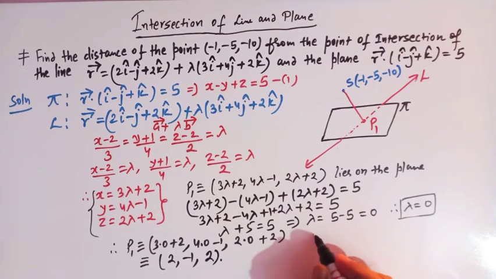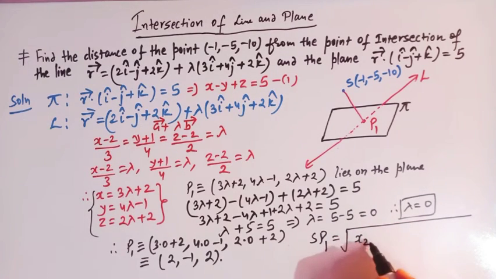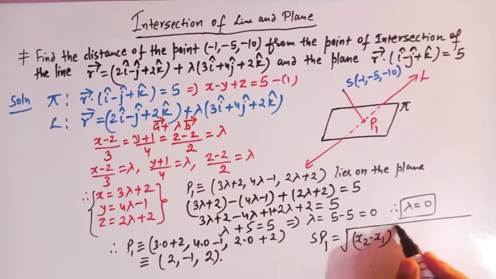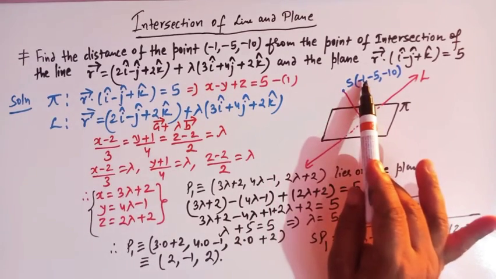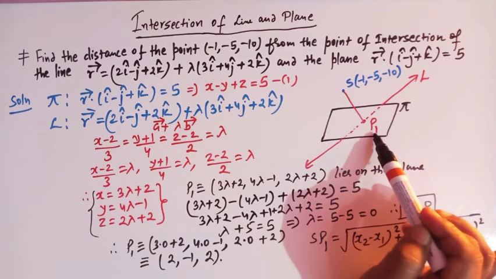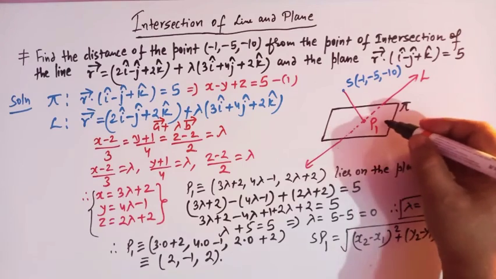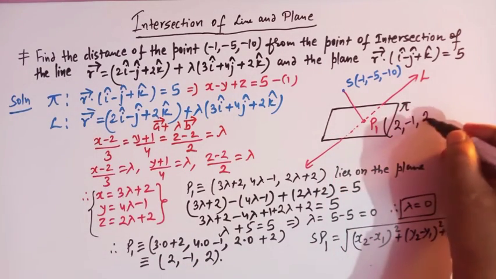So here we'll apply the distance formula. So the distance formula is square root of x2 minus x1 square plus y2 minus y1 square plus z2 minus z1 square, right? So we can take this point as x2 y2 z2, and this point as x1 y1 z1. So here the point P1 is 2, minus 1, 2.